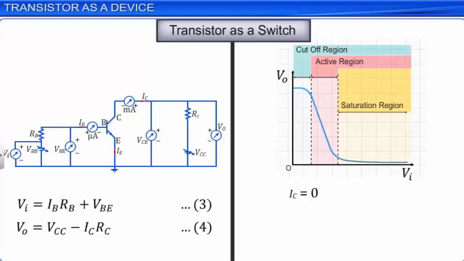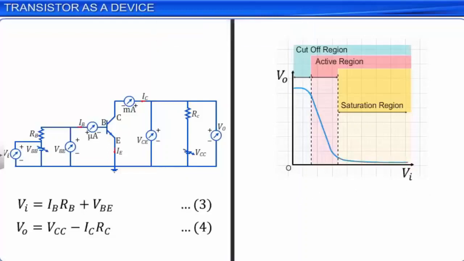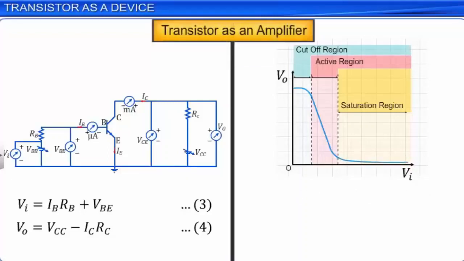Let us now discuss the transistor as an amplifier. To discuss the transistor as an amplifier, we use the active state of the transistor. In the active region of the transistor, the output voltage VO decreases linearly with an increase in the input voltage VI.